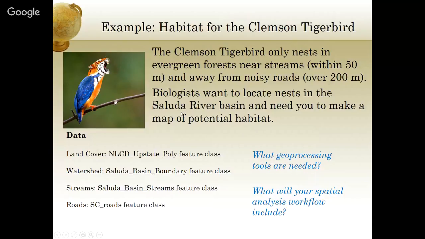So what the people would want from you is a map that says, here are those locations that meet all these criteria. Your goal is to use these data to find those locations and put them into a map.